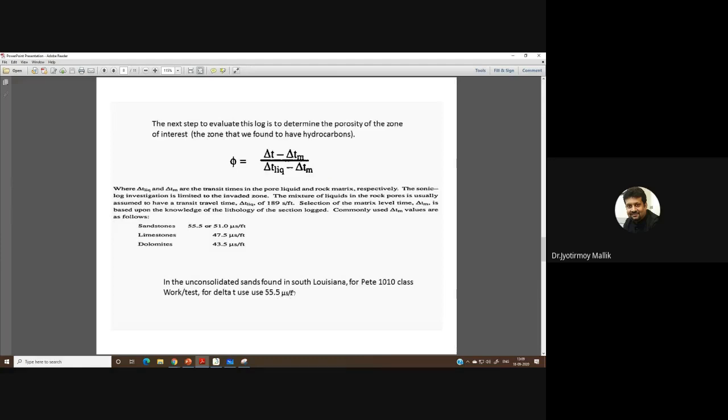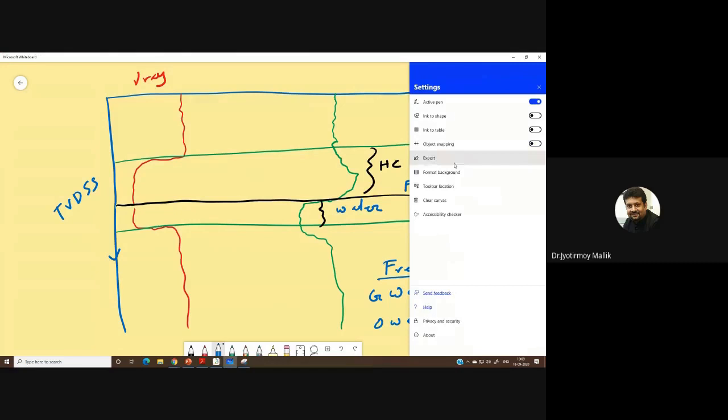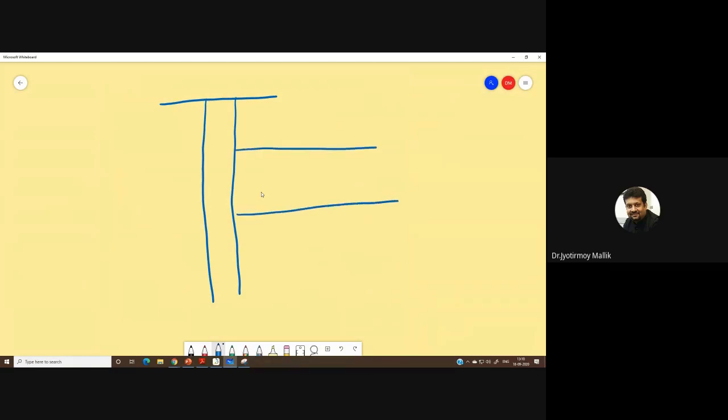I will first explain what a sonic log is, and then the philosophy of calculating porosity from it. Suppose this is my well, and we want to investigate the porosity of this particular zone.